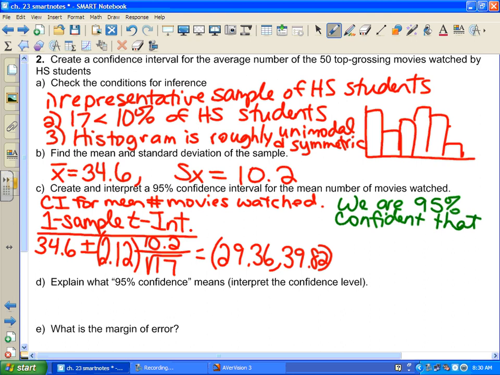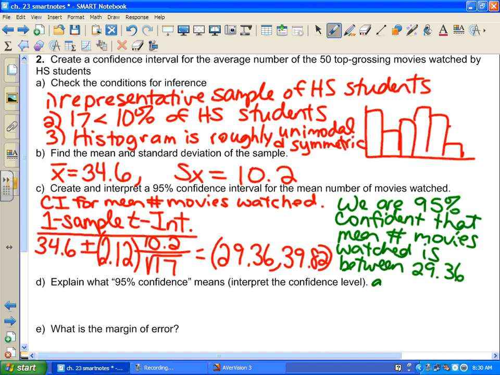You rounded everything. That the mean number of movies watched by high school students is between 29.36 and 39.82.